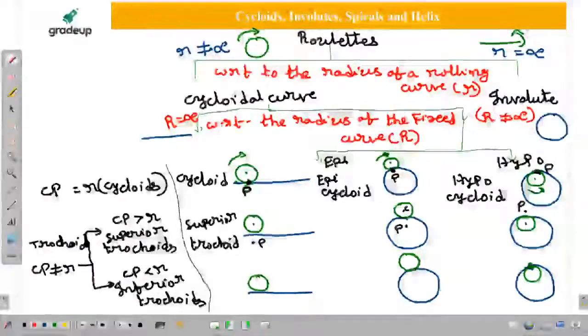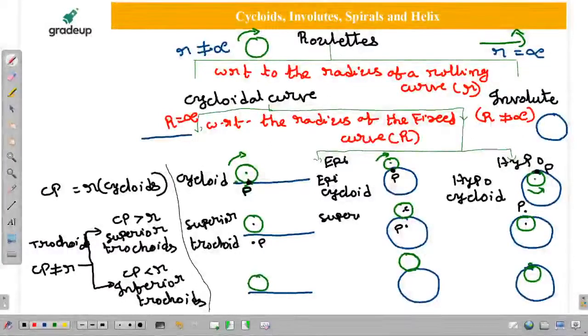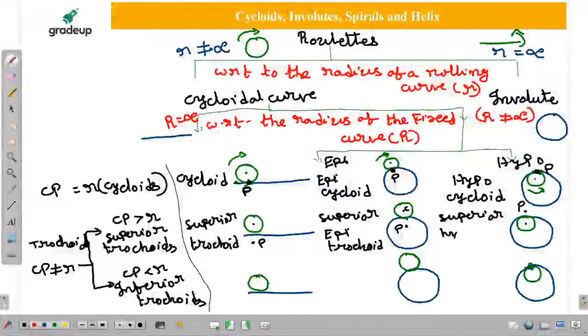So what is the nature of this curve? This is called superior trochoid. Sir, what is the nature, sir?